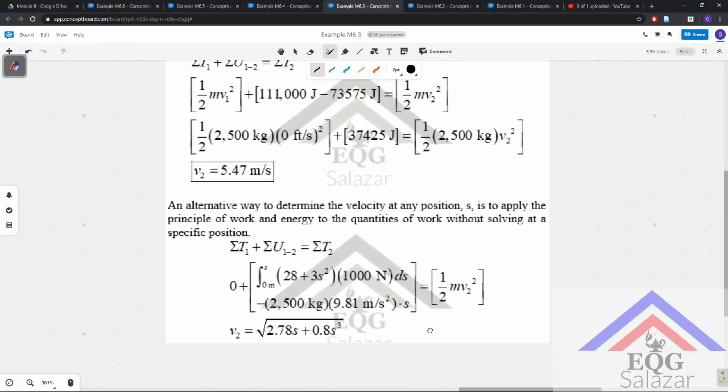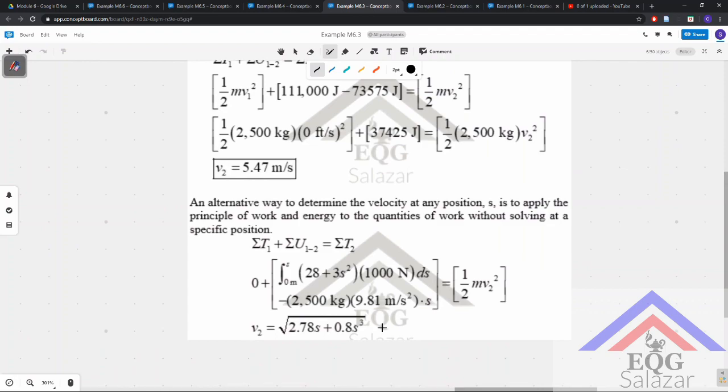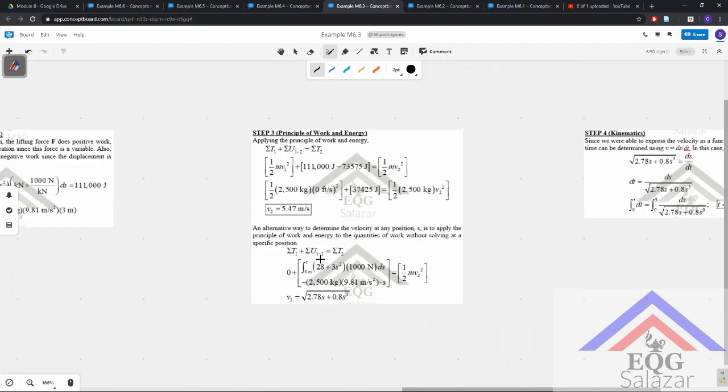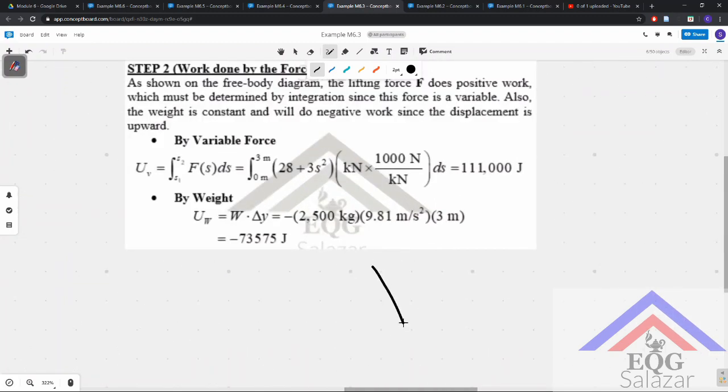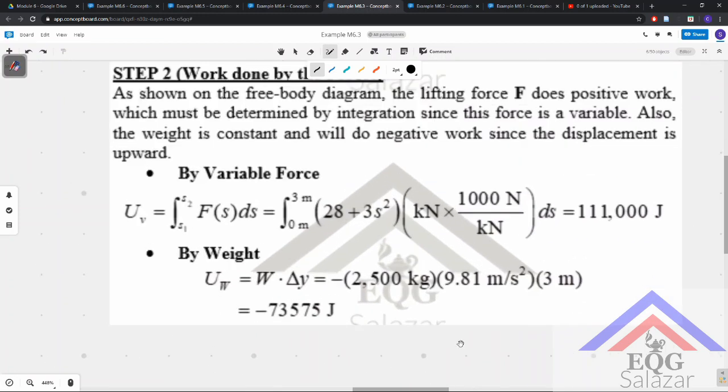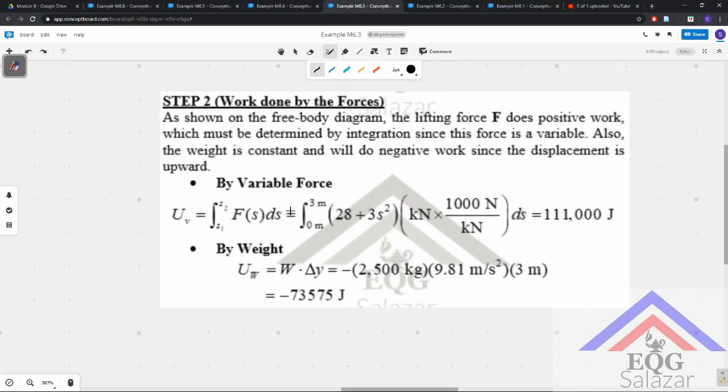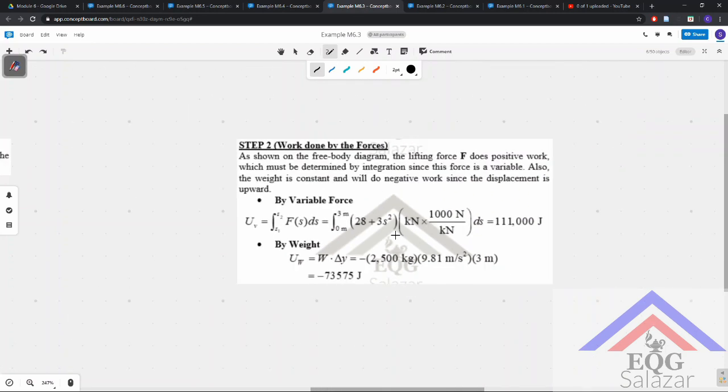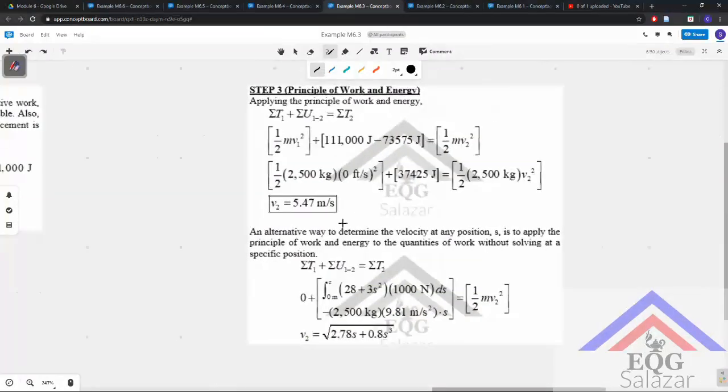An alternative way to determine the velocity at any position s is to apply the principle of work and energy to the quantities of work without solving at a specific position. That is to say, we just input this integration with respect to s into the principle of work and energy.